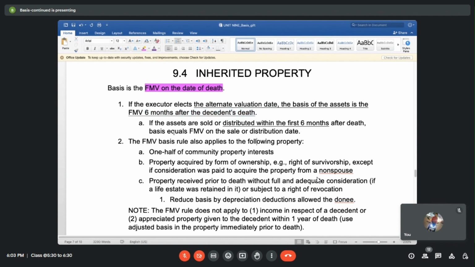So if the assets are sold within the first 6 months, then basis equals fair market value on the sale date. We just stop there. We don't have to go all the way to 6 months. We say, what was the fair market value as on that date? Let's take that as the basis.